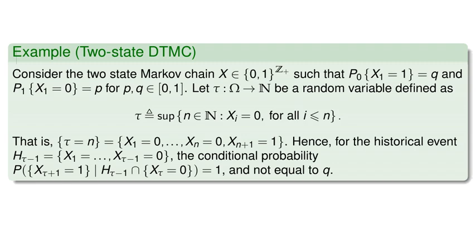That is, the set {τ = n} is equivalent to the set {X_1 = 0, and so on till X_n = 0, and X_{n+1} = 1}. Hence, for the historical event H_{τ-1}, which is the set {X_1 = X_2 = ... = X_{τ-1} = 0}, the conditional probability of the set {X_{τ+1} = 1} given H_{τ-1} intersected with the set {X_τ = 0} is equal to 1 minus q.